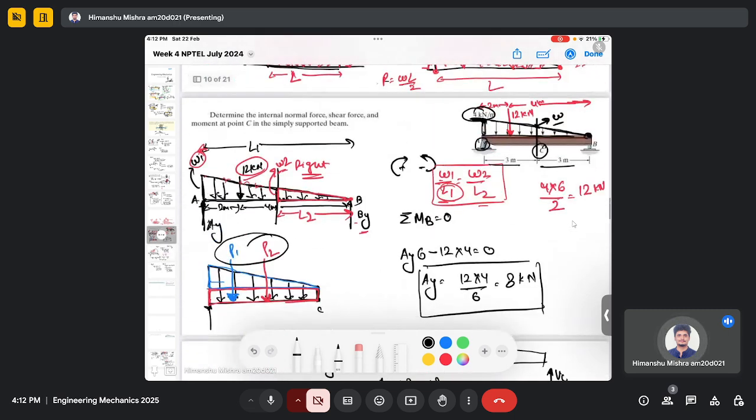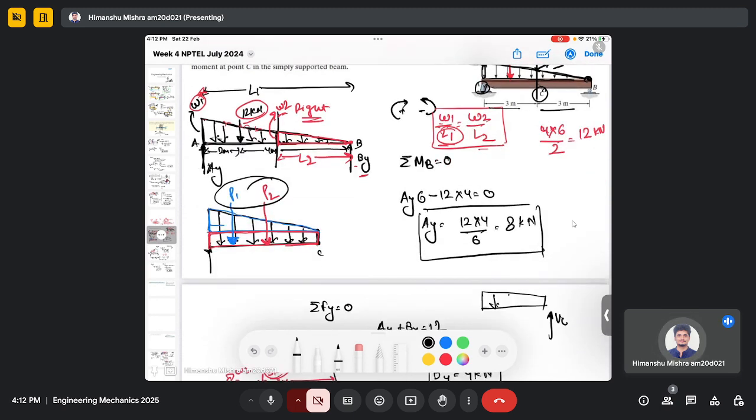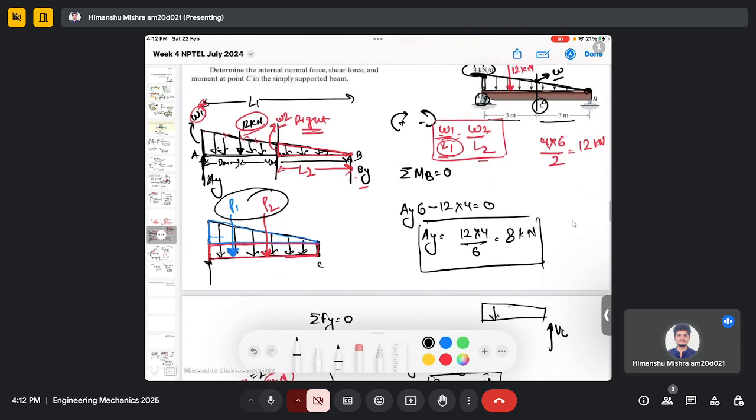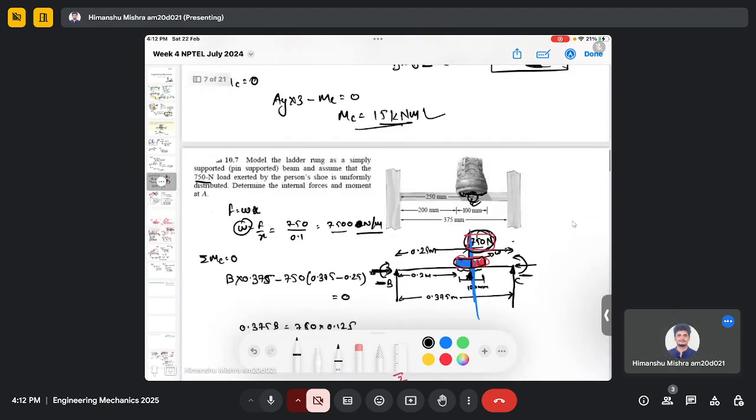So again, it was a similar problem, only the type of loading was changed. And even though the type of loading was changed, we saw that it actually became quite a different question, because if you consider the left hand side portion, you have to consider two equivalent point loads, and that was not the case with the previous diagram, because it was a uniformly distributed load.